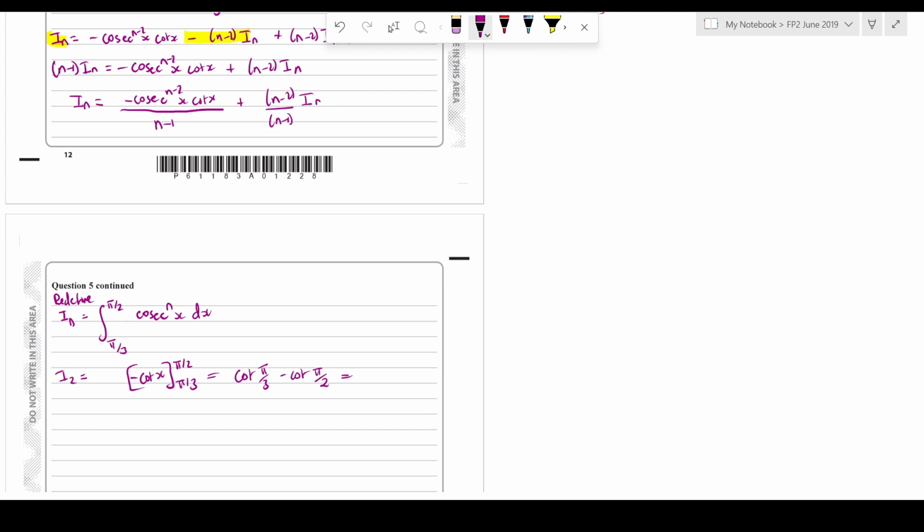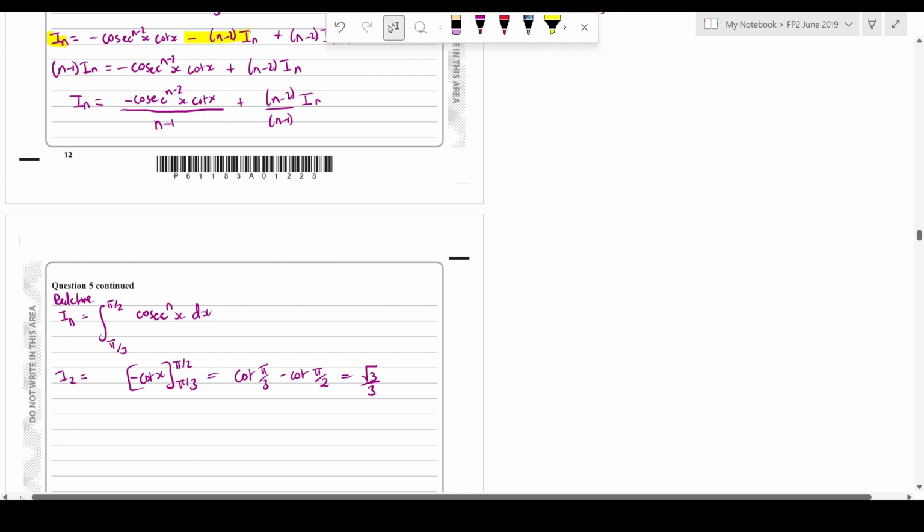So we've got cot pi over 3 minus cot pi over 2, and that's going to give us 1 over root 3 or root 3 over 3.